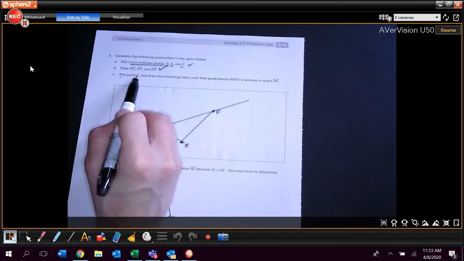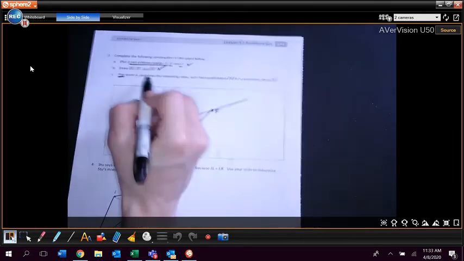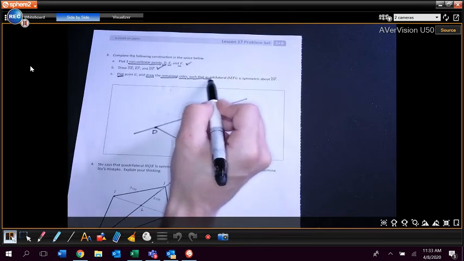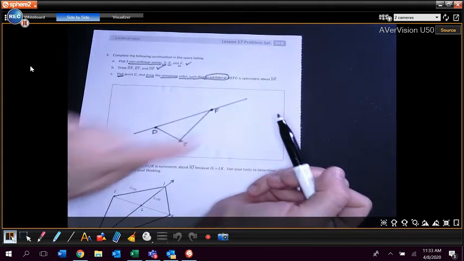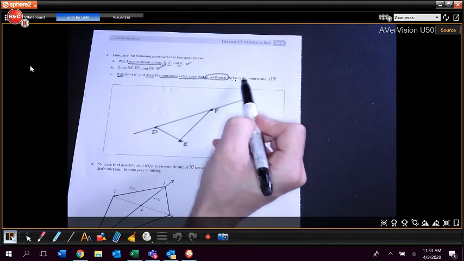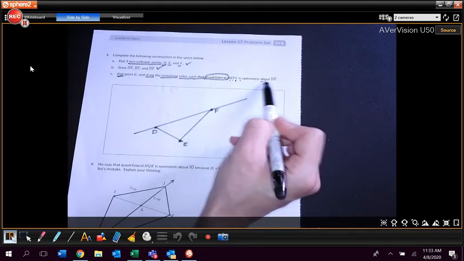Then C says plot point G. We don't have a G, we need to plot it. Draw the remaining sides such that whatever we form needs to be a quadrilateral, D, E, F, G, and it is going to be symmetric about DF.